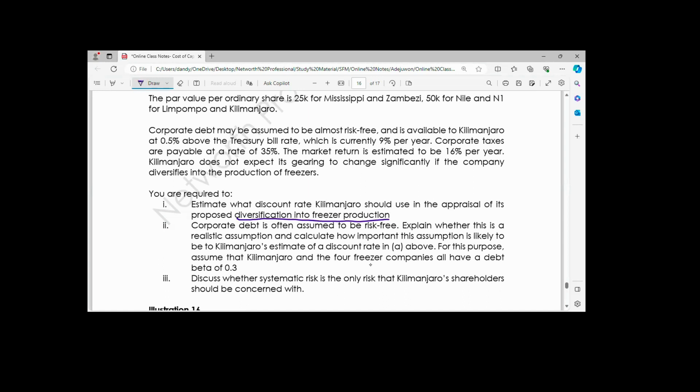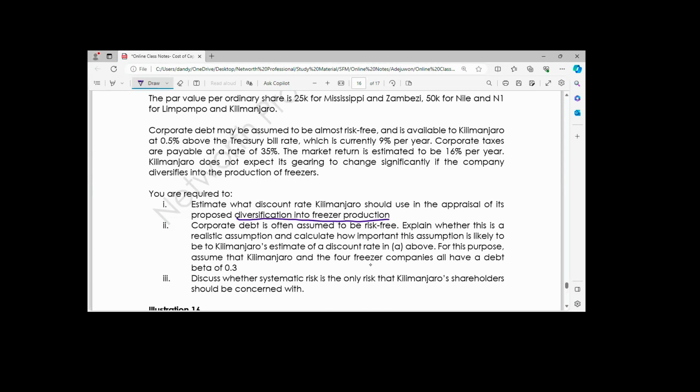Remember, in our previous classes, I mentioned to you that there are 3 categories of cost of capital. We have traditional weighted average cost of capital. We have project-specific cost of capital. We also have weighted average cost of the combined activities.